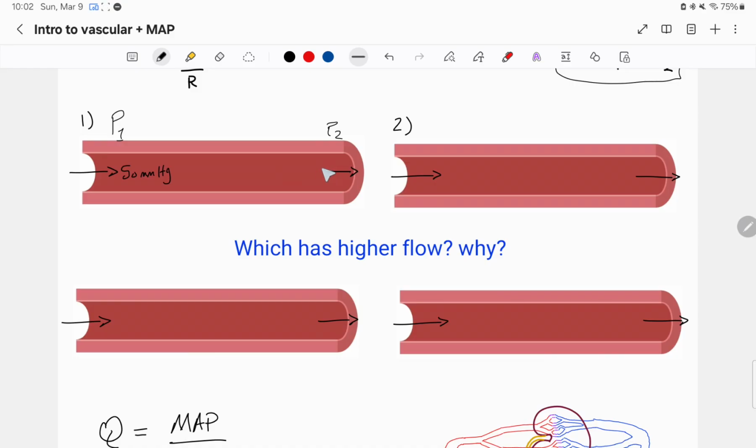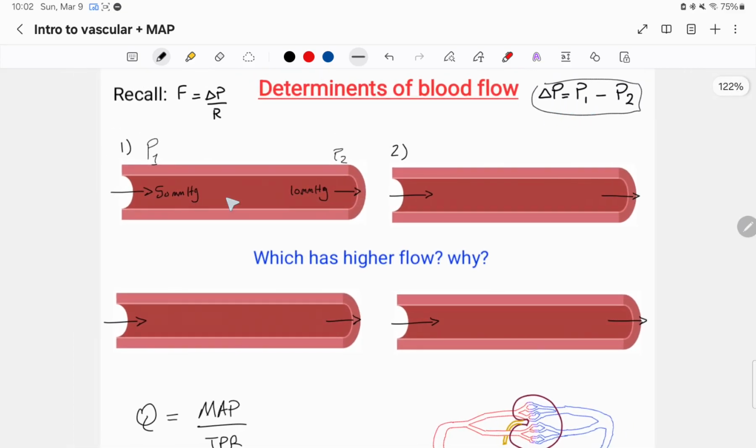And then I'm leaving the actual arteriole with a blood pressure of 10 millimeters of mercury. So if I was to take my change in pressure, my delta P would be about 40 millimeters of mercury. Okay?